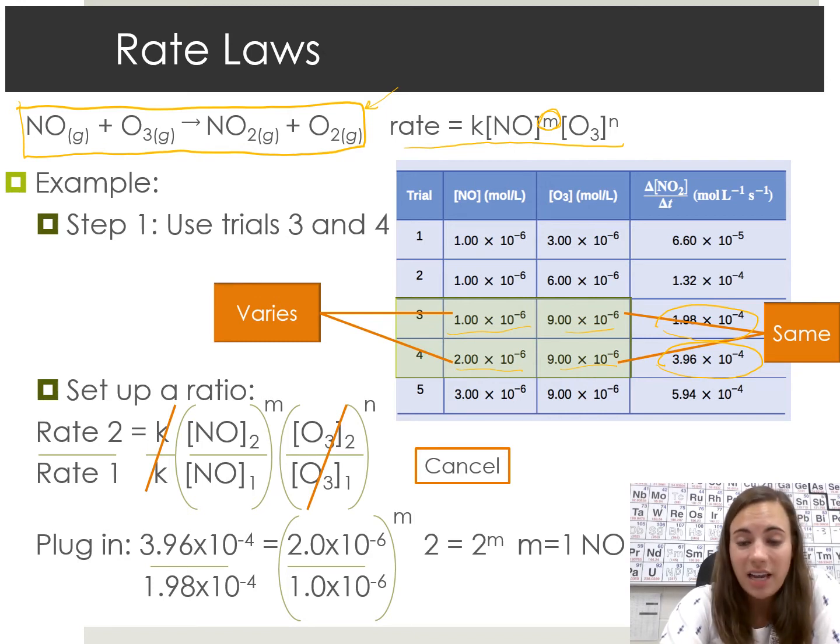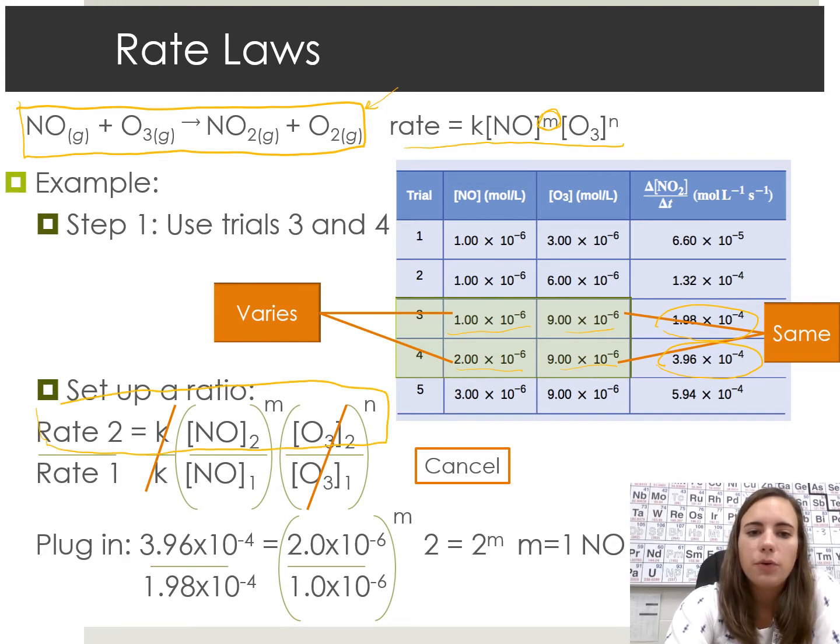You're going to get the same answer, but we're going to set up the second trial over the first trial. So rate 2 over rate 1 equals the constant over the constant, concentration. All I'm doing is putting the rate expression for one trial above the rate expression for another trial, okay?